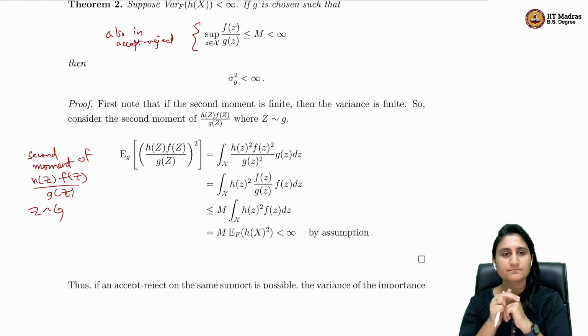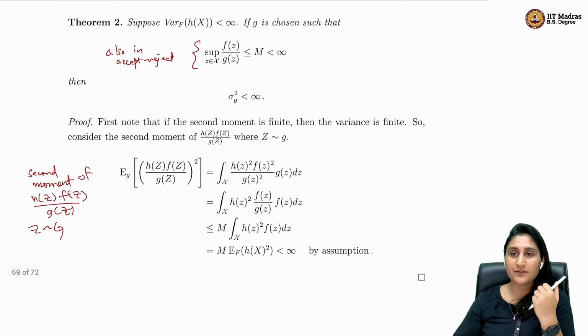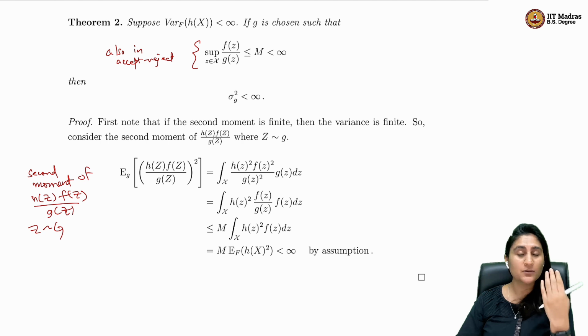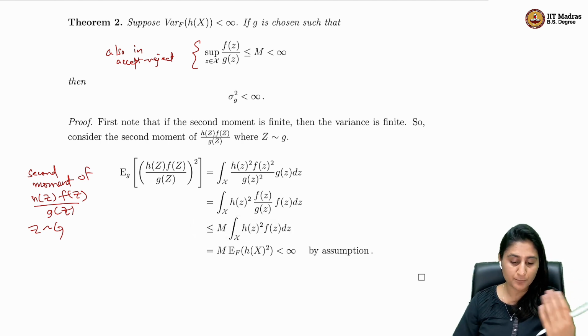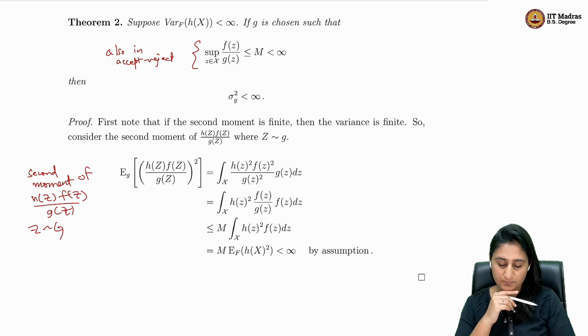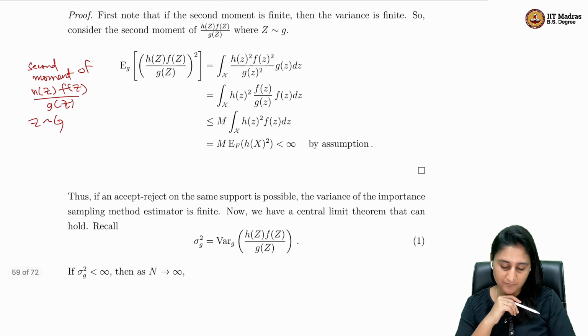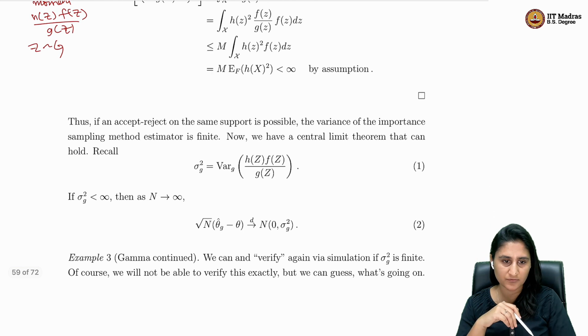Now notice that we're asking whether the variance is finite or not, which means there will be situations when the variance will not be finite for the importance sampling estimator. But if I choose my proposal distribution in such a way that sup of f/g is less than or equal to M, some M that's finite, then my importance sampling will give me finite variance. It may not be a small variance, but it will give me a finite variance.